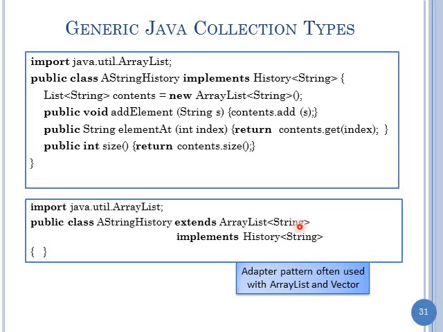Why didn't I do inheritance, and why did I do delegation? Why did I build an adapter, and why didn't I just go and subclass array list? And there are lots of methods of array list you don't want in history.